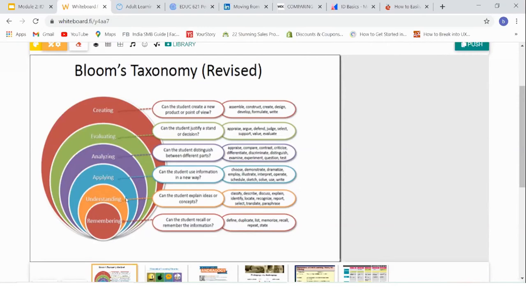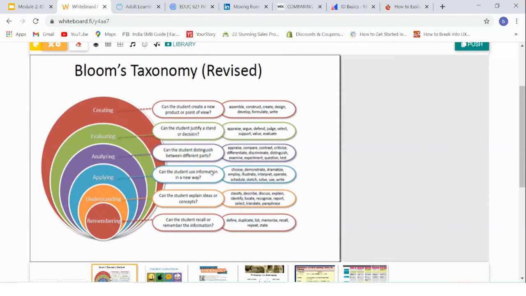Now, if you move to the higher level, which is understanding, you want the student to understand certain concepts. Can the student explain ideas or concepts? Then how will you write the objective for that? You will use words like explain, classify, describe, discuss, report, and then you will make your objective. Third is applying.